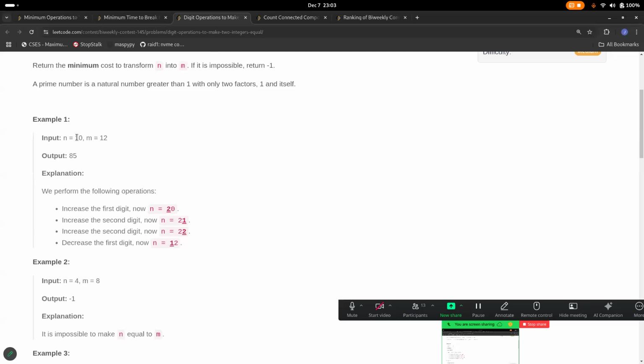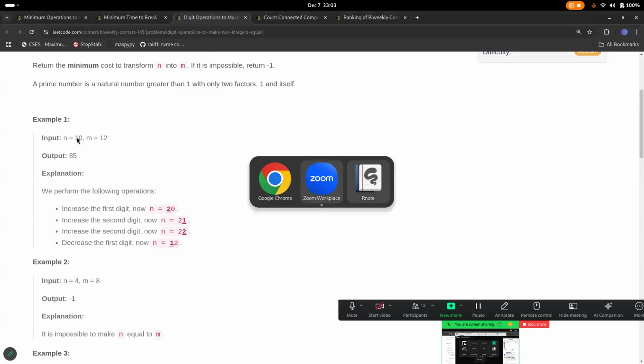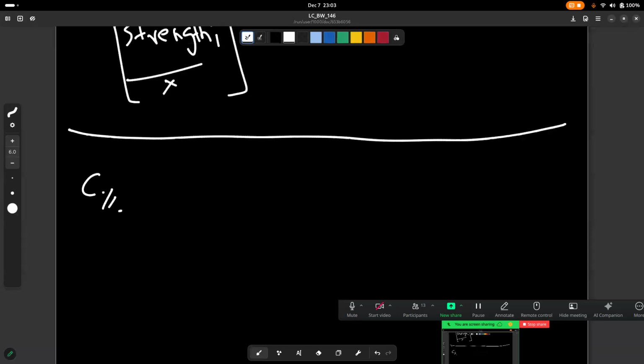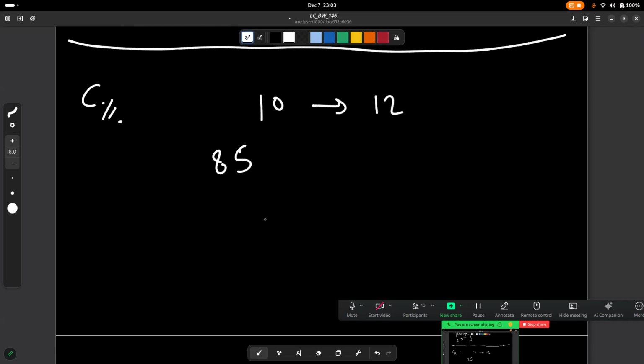So actually the test case that they gave is kind of too big. In the sample test case, they have given 10, you have to convert 10 to 12, and it requires 85 operations. So 85 is a bit too much. So I'll consider a simpler test case.